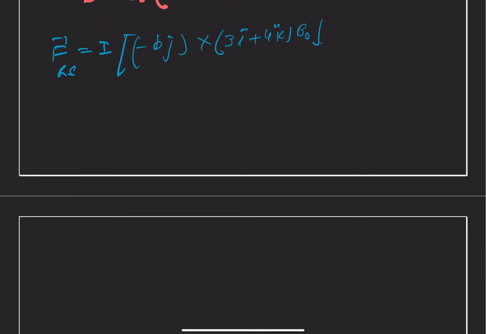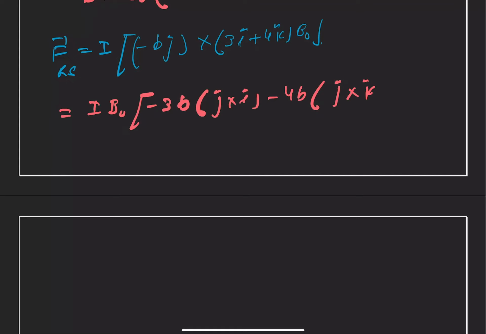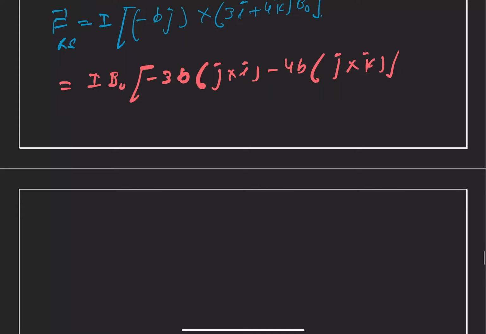So we can write this as I times B naught is equal to minus 3b, we have j cross i, and here will be our minus 4b, and here we have j cross k. Now j cross i is our minus k, j cross k is our i unit vector.